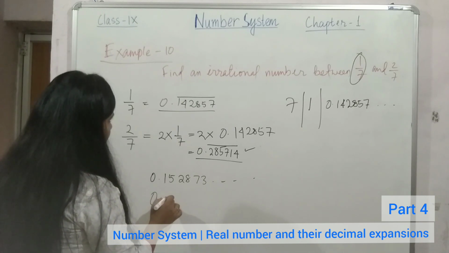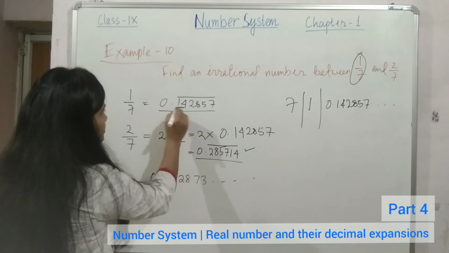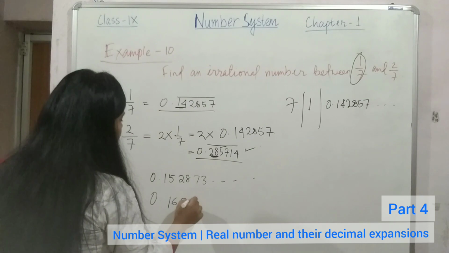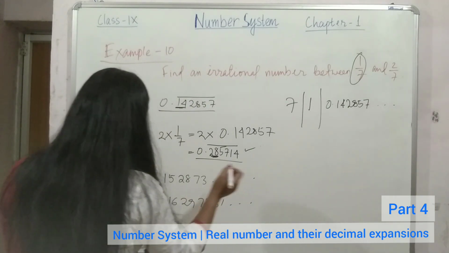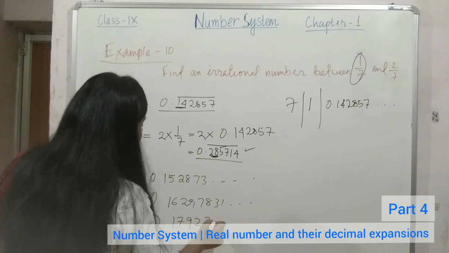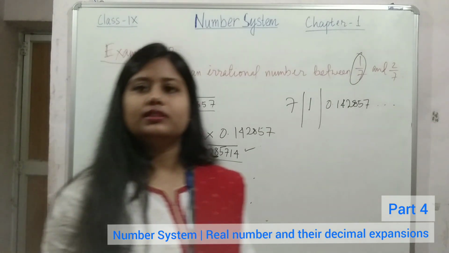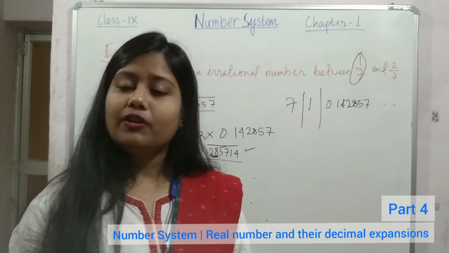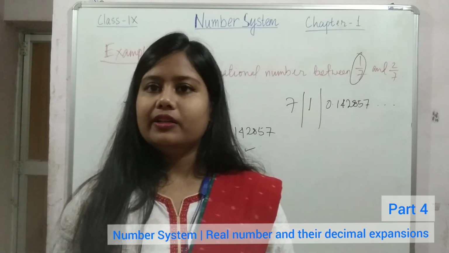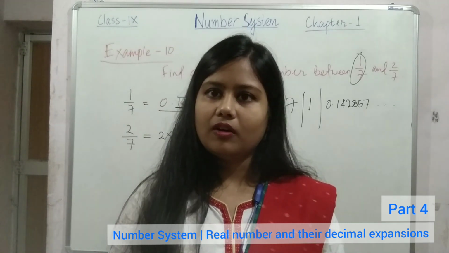We need to write between 1, 4 and 2, 8, focus on the first two digits. 16297831, or you can write 17932356, or anything you can write. So it is very easy. And now you are assigned exercise 1.3. Solve it, and if you find any doubt, then ask me over the comment or through WhatsApp.